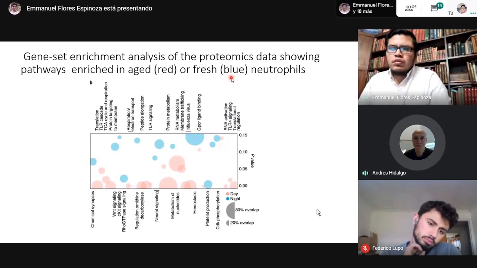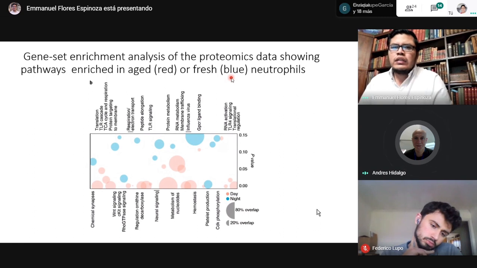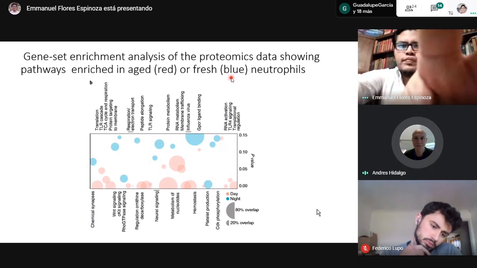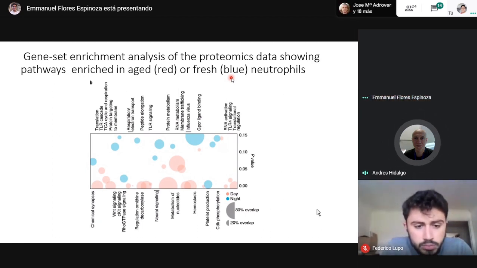If you look at the red spots, it is clearly more of an immune response, inflammatory responses against viruses, TLR4 activation, and so on and so forth. So this was the main point.